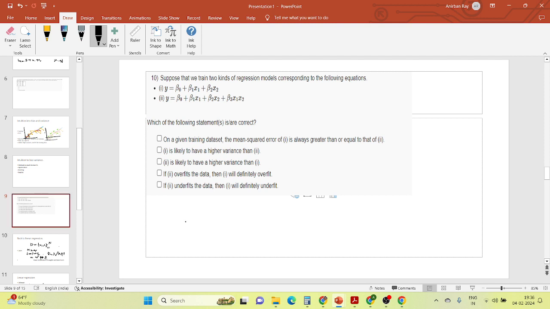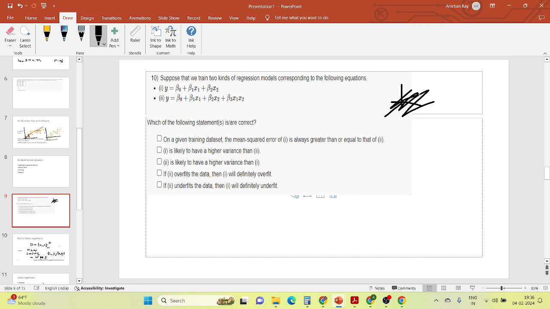Okay, so here is our question. What do you understand by this? First of all, the first one has to be linear, right? But you have to understand that here it is actually a plane. It's a 3D diagram, and the first one can only be a plane.